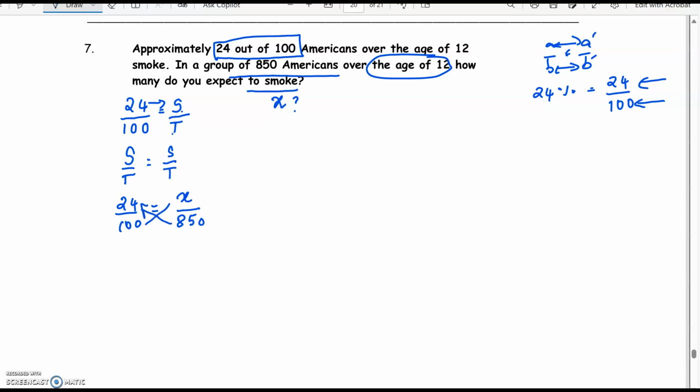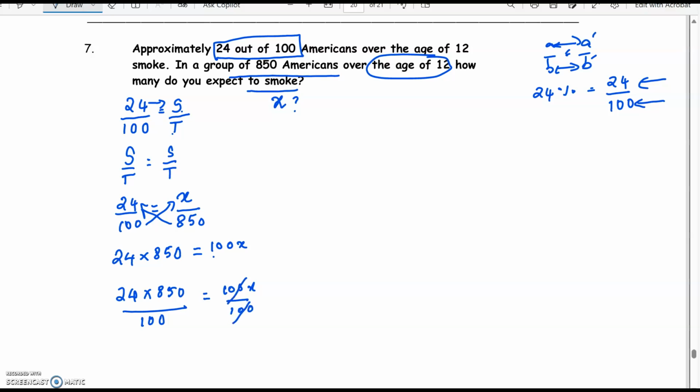We cross multiply just like before. 24 times 850 is equal to 100x. Now we divide both sides by 100 because we're trying to get x by itself. 24 times 850 divided by 100 is equal to 100x over 100.